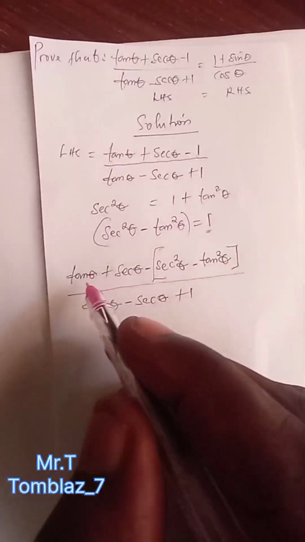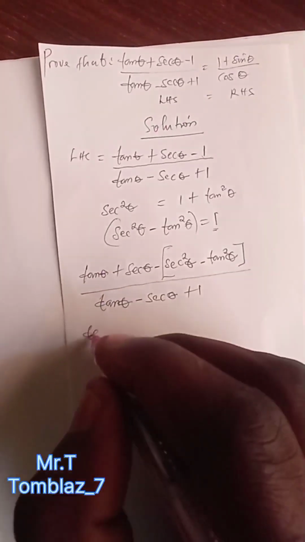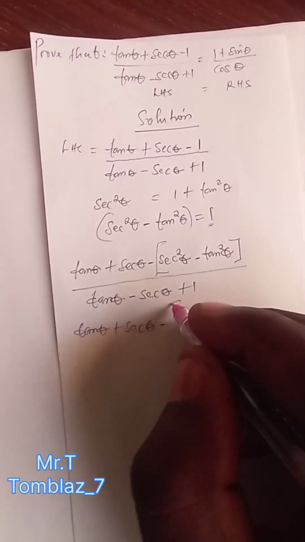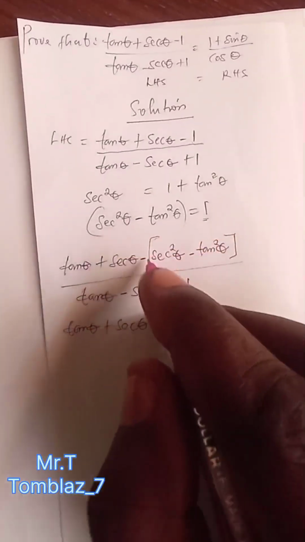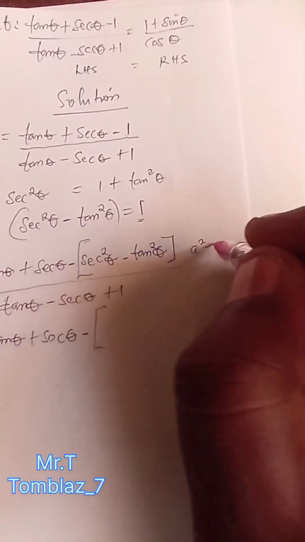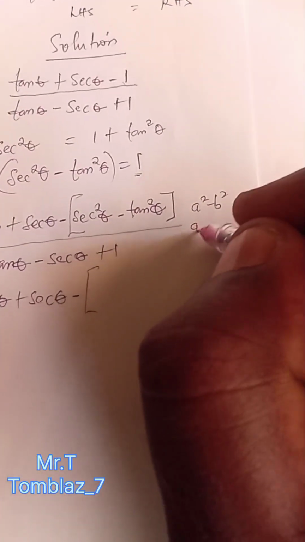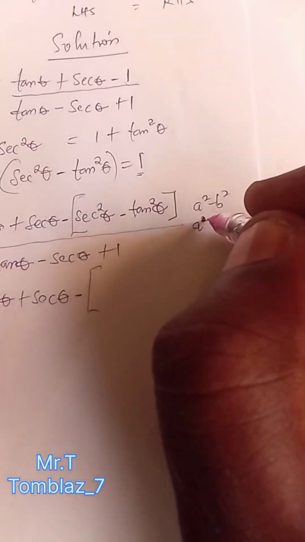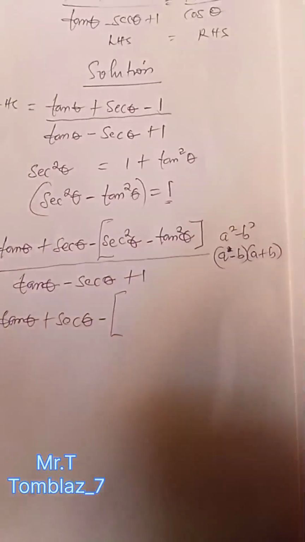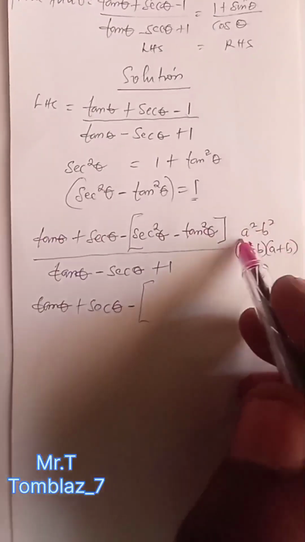Let's continue from here. Now this looks the same as a square minus b square, and if you want to expand it, a square minus b square becomes (a minus b) into (a plus b).